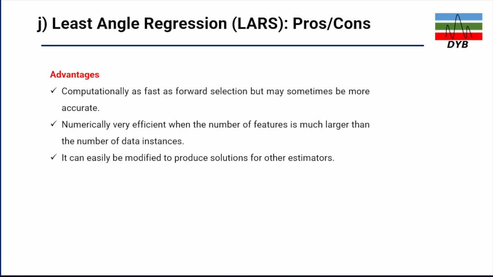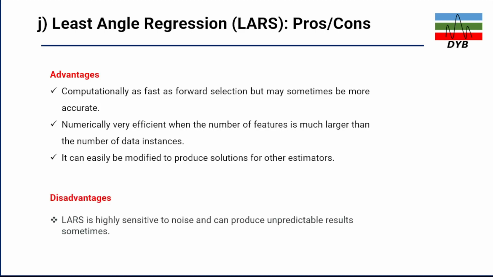And it can easily be modified to produce solutions for other estimators. There are also some disadvantages, but not many. The LARS algorithm is highly sensitive to noise and can sometimes produce unpredictable results.